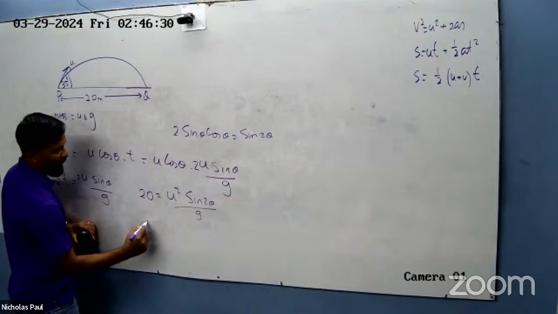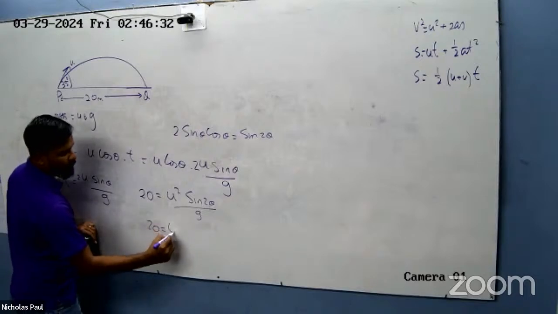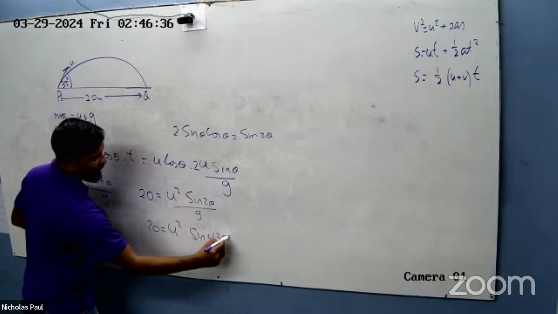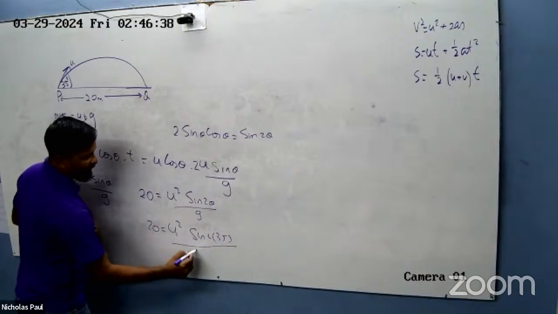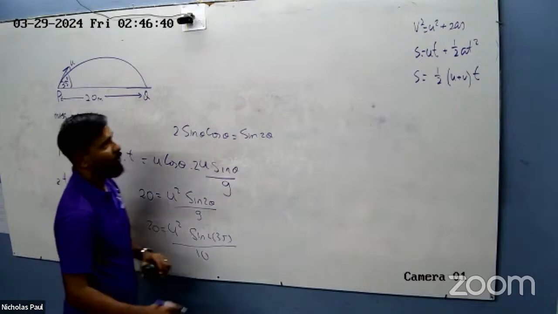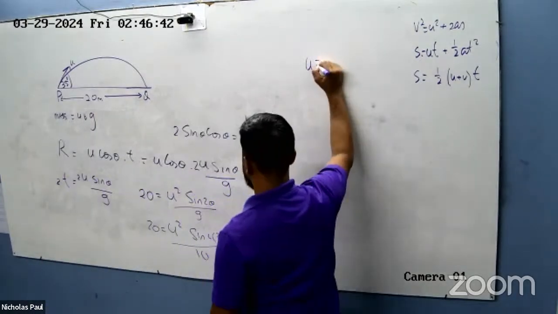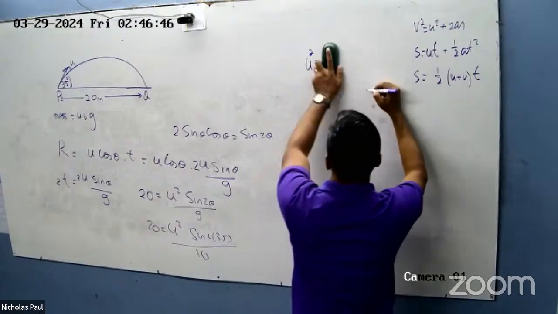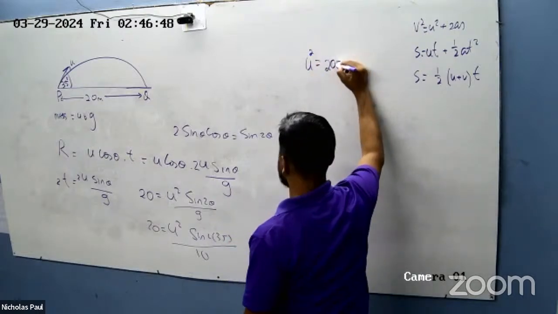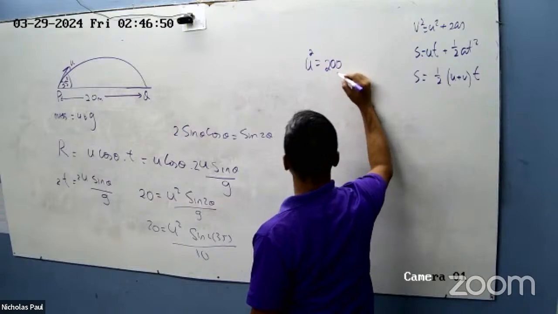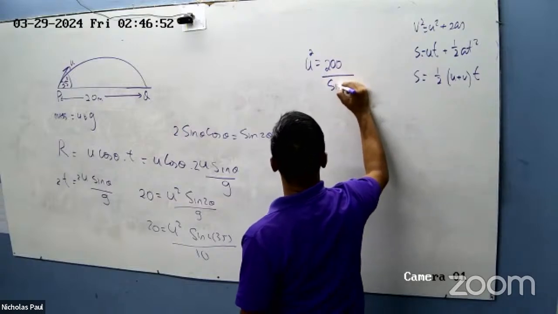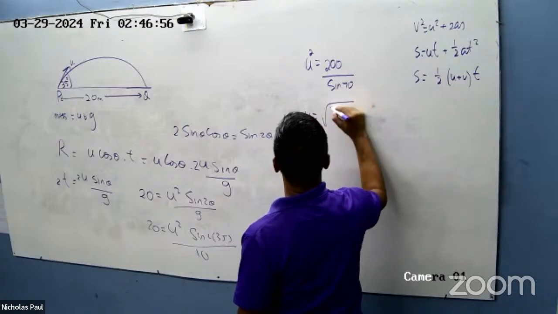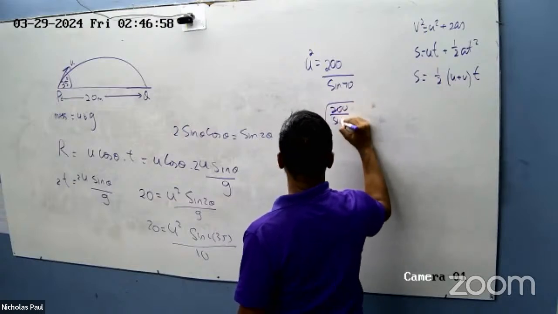So this is 20. We don't know u. And we know that theta is 35 and gravity is 10. Cross multiply, solve for u. u squared is 200 all over sine 70. u is the square root of 200 over sine 70.